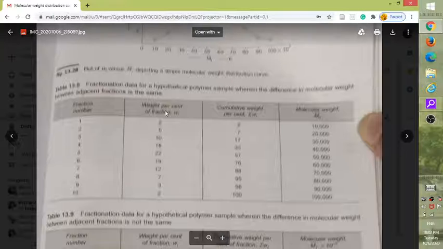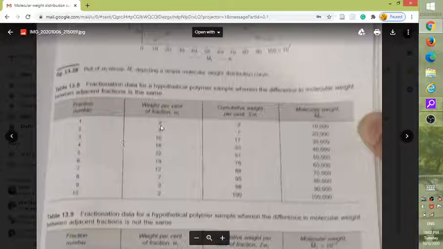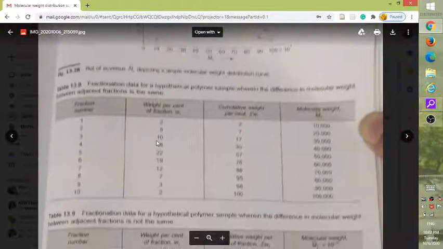So you are plotting the second column on the y-axis and the fourth column on the x-axis. So you will get a simple, nice molecular weight distribution curve.